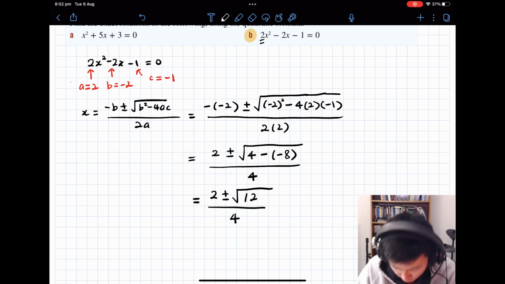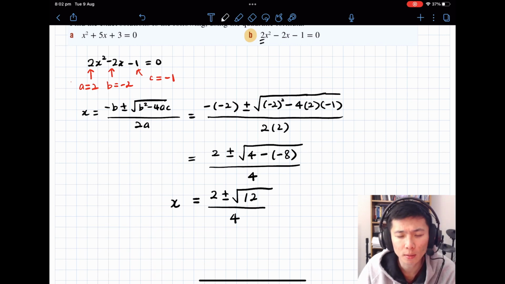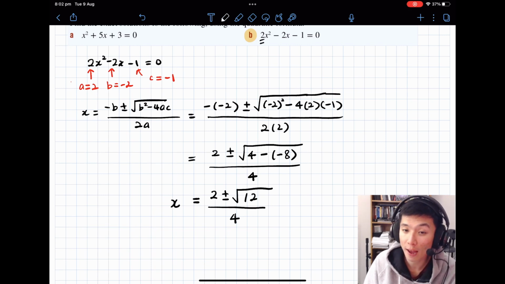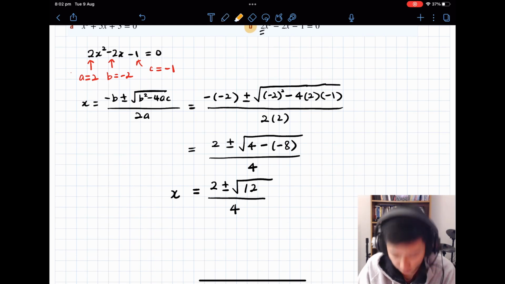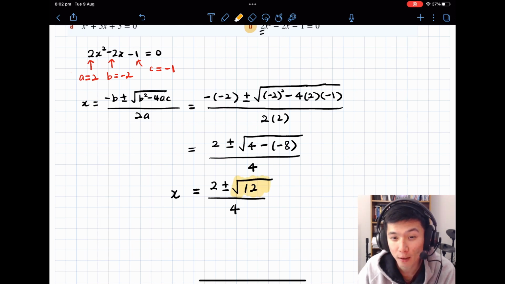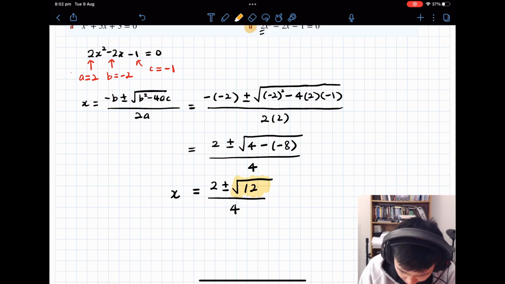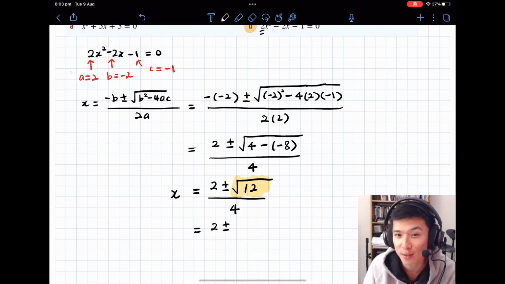Now, am I done? Well, again, you might be thinking, let's write out our two solutions. Actually, is there something I can continue to simplify? Can I simplify this surd? And hopefully you're thinking, yes, I can, because there is a square number hidden inside that surd.